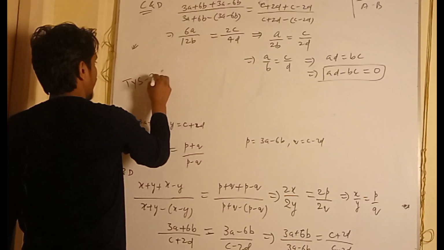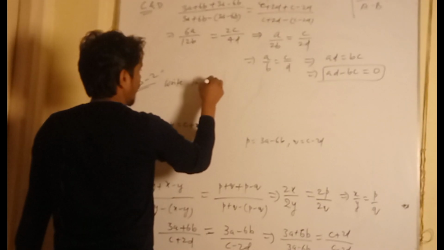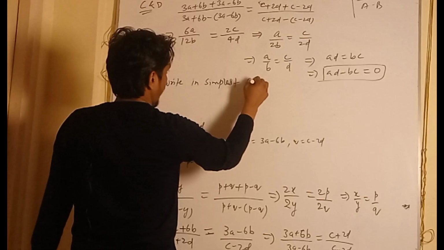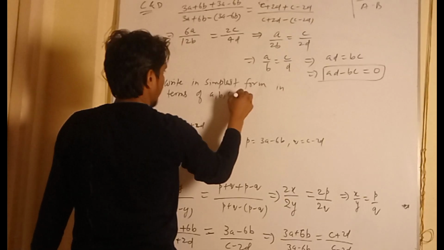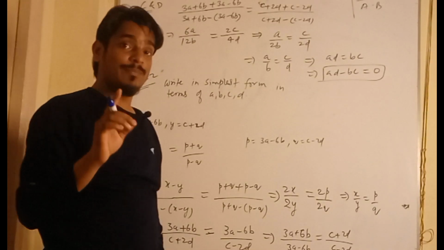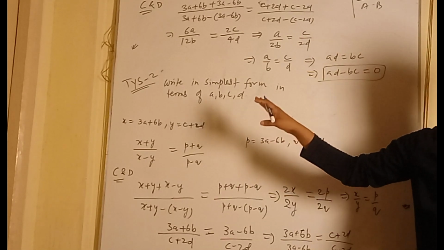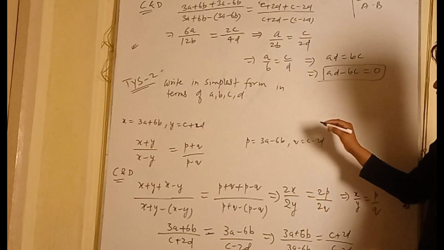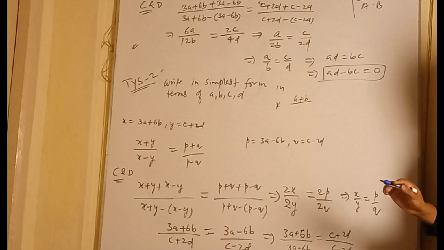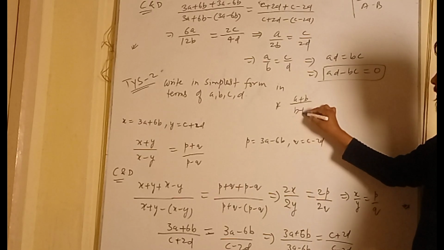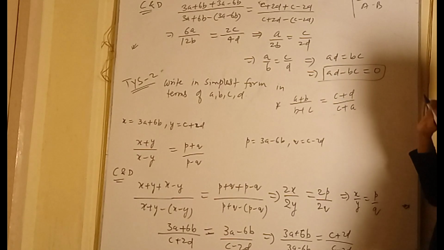Test yourself too. So the question is, write in simplest form in terms of A, B, C, D. You need to write in simplest form in terms of A, B, C and D. We have given (A plus B) over (B plus C) is equal to (C plus D) over (C plus C).